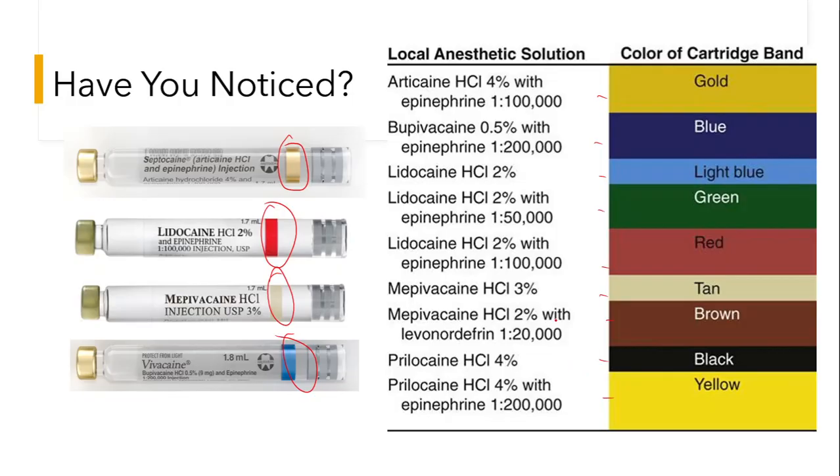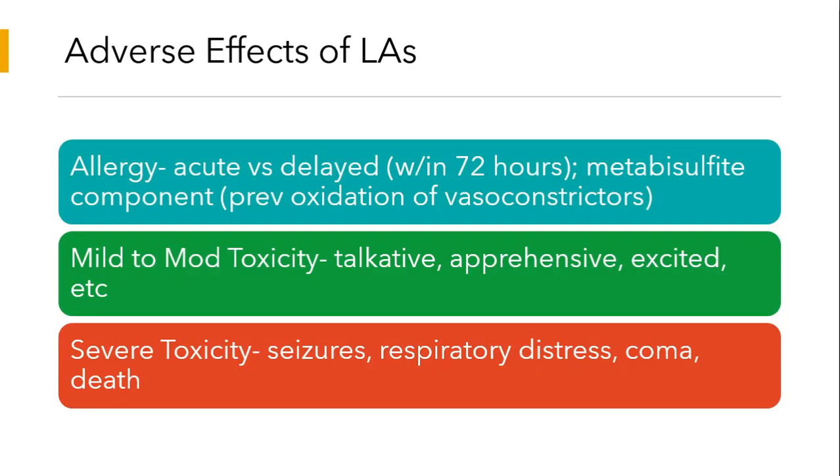The bands give you an idea as to what type of anesthetic it is. It's just a clue, in case you're not really paying attention, you can just know the band color and know what type of anesthetic it is. Now, moving on.